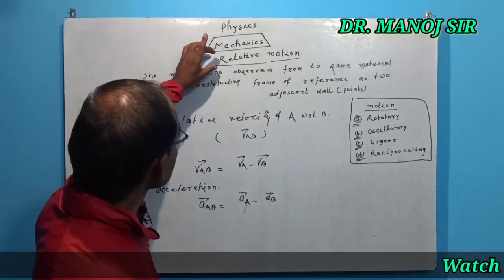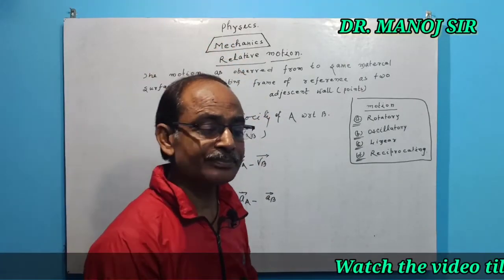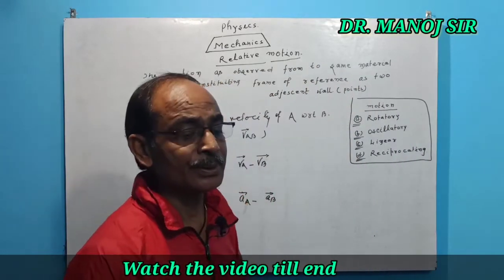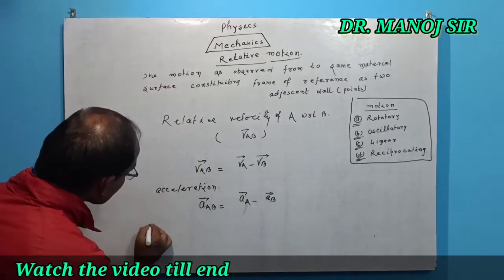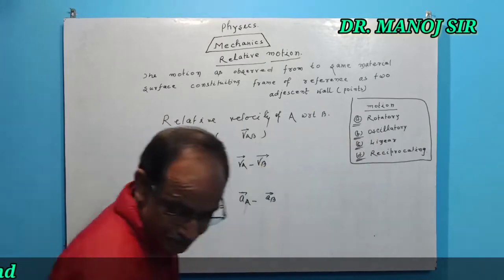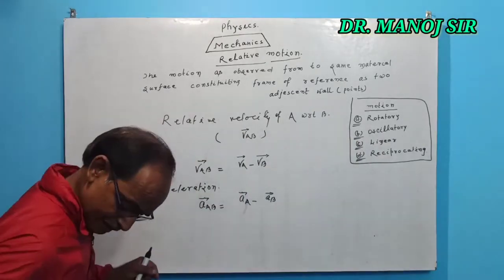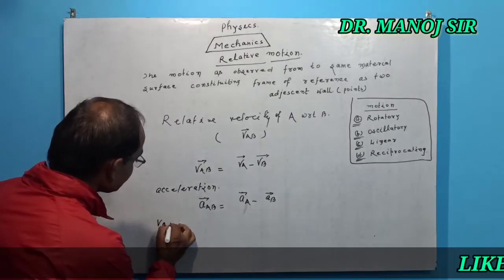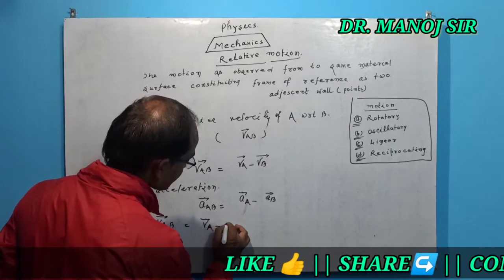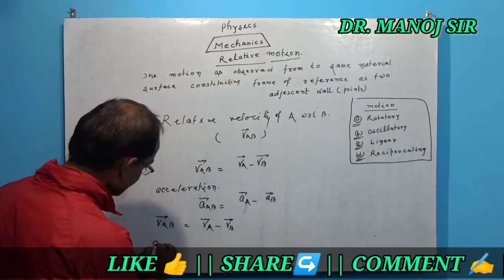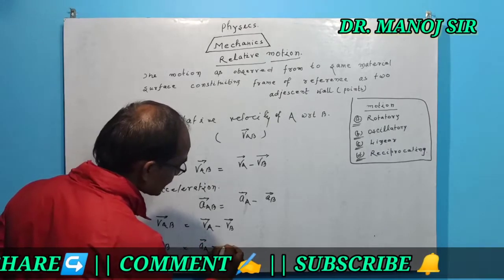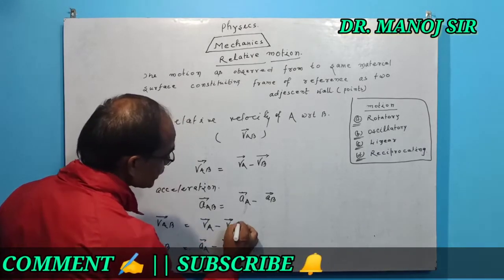Because in relative motion in one dimension we discuss the terms V_AB, that is V_A minus V_B, and A_AB, acceleration of AB equal to acceleration of A minus acceleration of B.